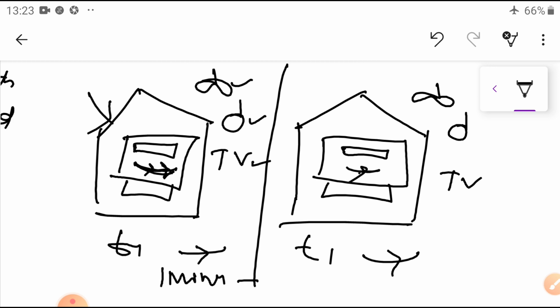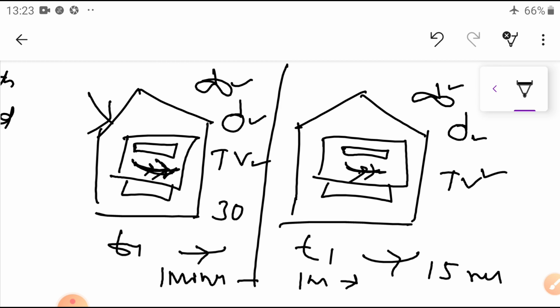I observe the number of revolutions in 1 minute, maybe 30 revolutions. But for my friend, with the same fan, same light, same TV, his rotation for 1 minute is only 15 revolutions.